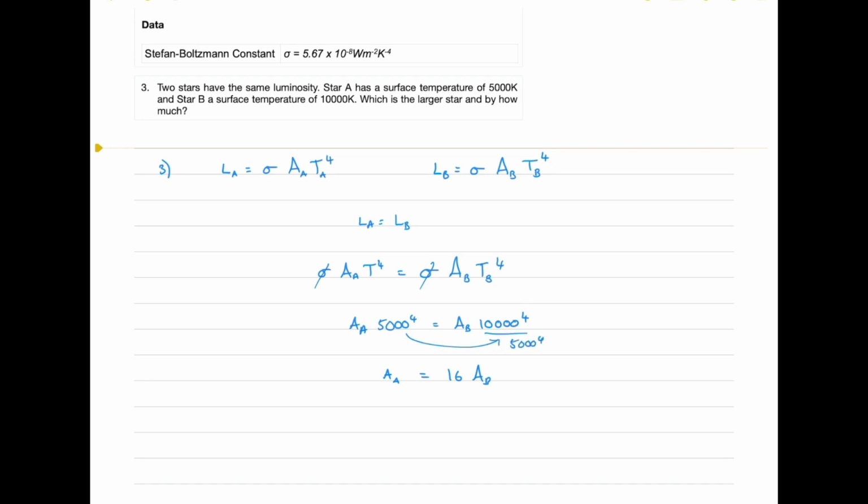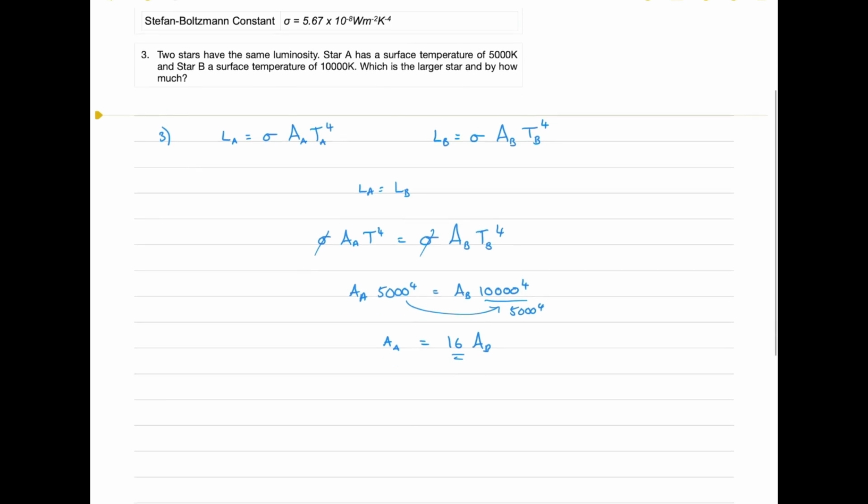Okay, and we end up with the area of A is 16 times the area of B. So star A is larger by a factor of 16. That's question 3.